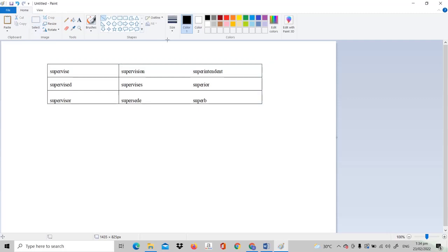But again, please make sure that your disjoint stroke is very near to the rest of the strokes. Para nang sa ganon, hindi siya mapagkamalan na brief form. The S is a brief form for is, right? So, ayan, supervise. So, we have vice. And then super. Next, supervised. We have viced.